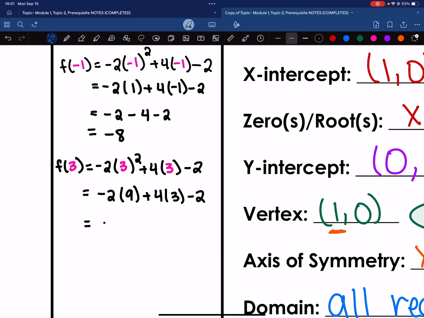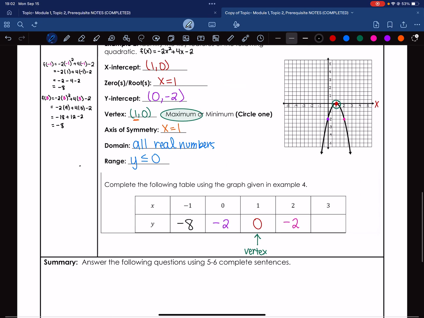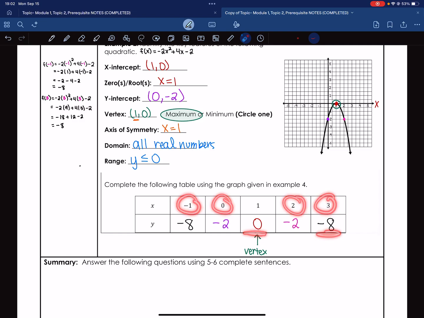Then we can multiply: -18 plus 12 minus 2. -18 plus 12 is -6. Minus 2 is also -8, which is what we assumed it would be because, again, it is 2 spaces away from the vertex. So 2 spaces the other way should be the same value.